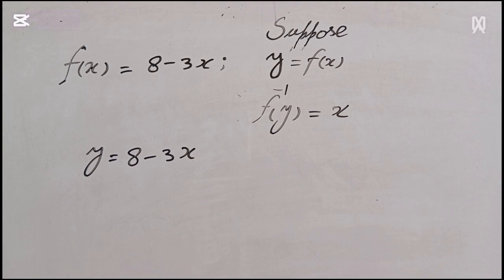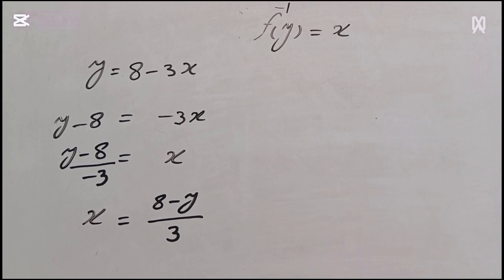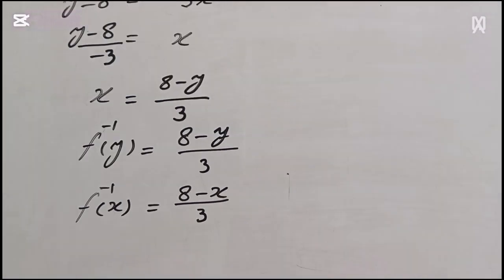Now in this equation, making x the subject of the formula, x is equal to (y minus 8) by minus 3. Our x is equal to (8 minus y) by 3. Now f inverse y is equal to (8 minus y) by 3. It would be f inverse x equal to (8 minus x) by 3.